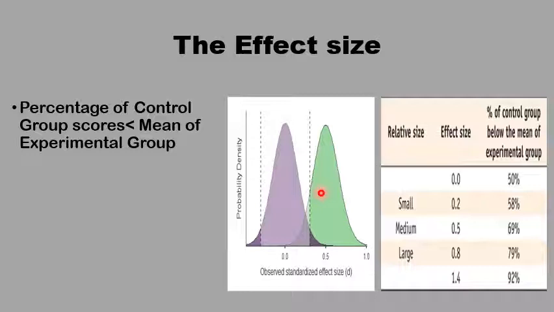Whereas if you have something like 70 to 90% of this group less than the mean of the other group, then there is a large effect size, and you can quantify it as 1 or 1.4 or 1.2.